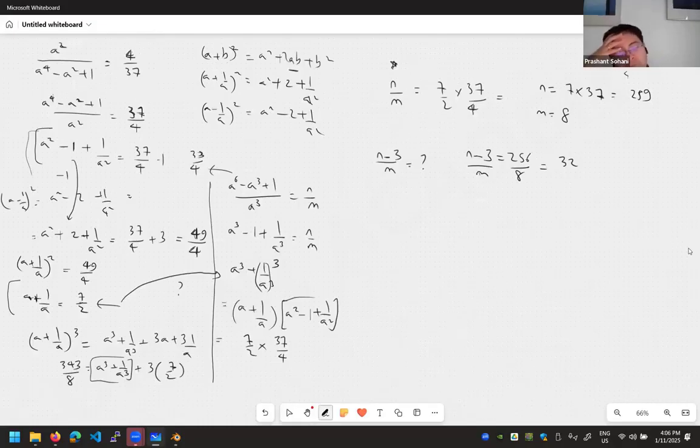But even last time I had solved this problem. Let me, for confirmation, solve this by the other method. Am I getting a different answer, or the same answer? If I continue this, I'm going to get a cube plus 1 over a cube is equal to 343 by 8. I think last time I had used this method, but both methods are valid.